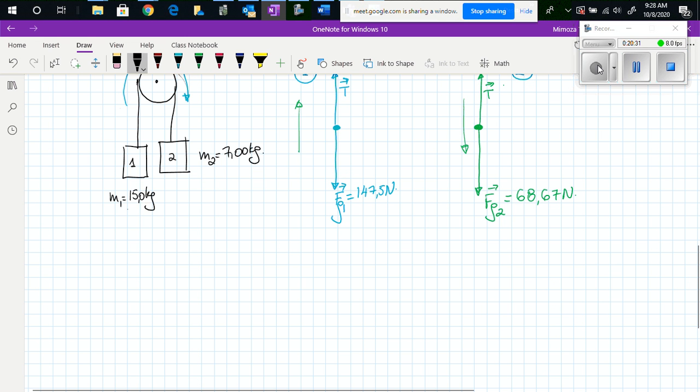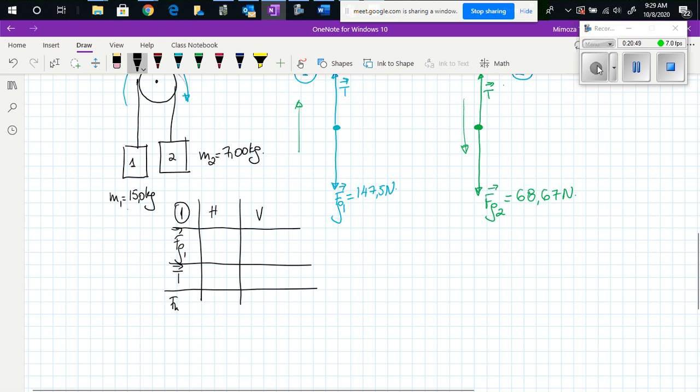So let's start building the table of components for object 1, horizontal and vertical. We will have force of gravity 1, tension, and force net. On the horizontal, all of the forces are equal to 0.